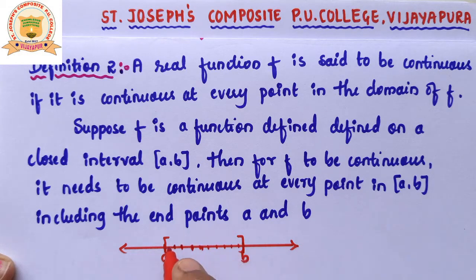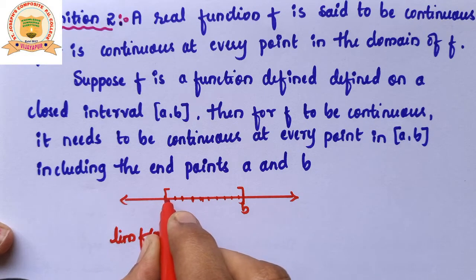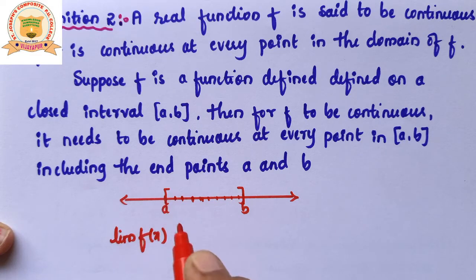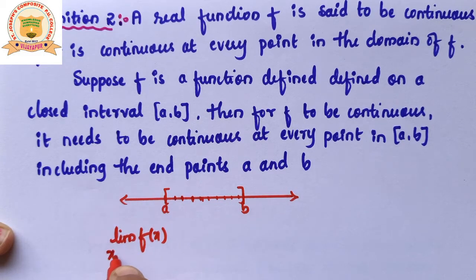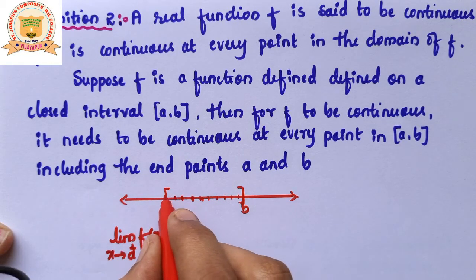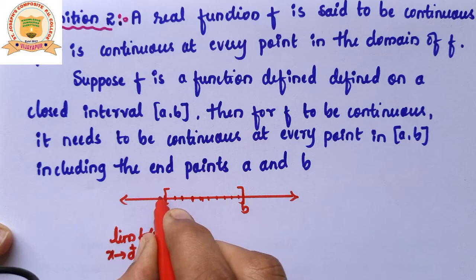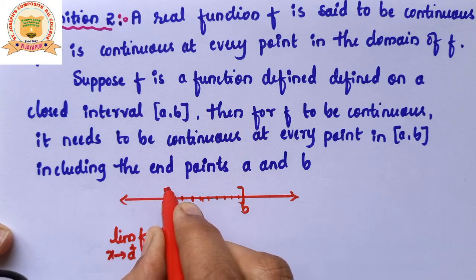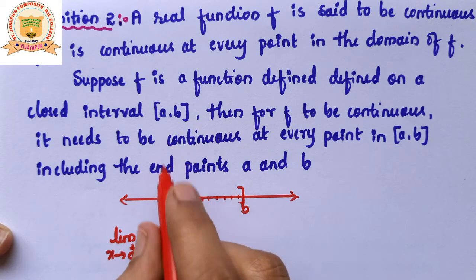Then how to find the continuity of the function at these endpoints? The continuity of the function at a means limit of f of x as x tends to a plus is equal to f of a. What is the meaning of this? For point a, there are no left values because the interval starts from a only and it is a closed interval.